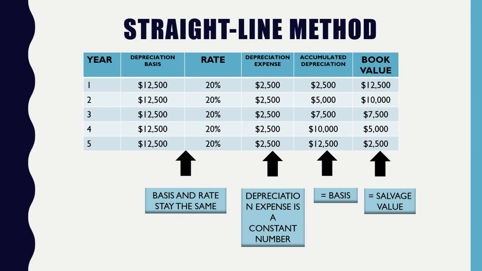No matter where we reach at the end of our life, it's going to calculate everything out. When you depreciate everything for its total amount, it's going to equal salvage value at the end of its life. There's no need to take the book value because of the way the formula is created.